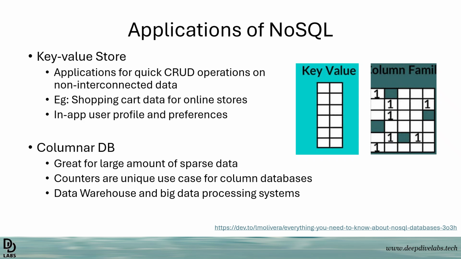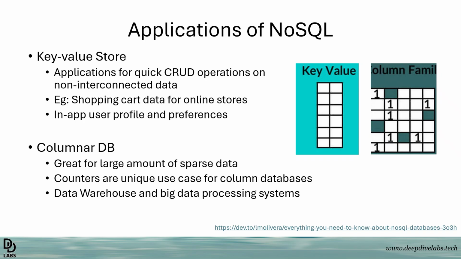So what is sparse data? Sparse data is where you have a lot of columns, but not all the rows have values for all the columns. So there are a lot of null values where there is no data. Those are essentially sparse data. So columnar databases are great for storing sparse data because of their data compression.